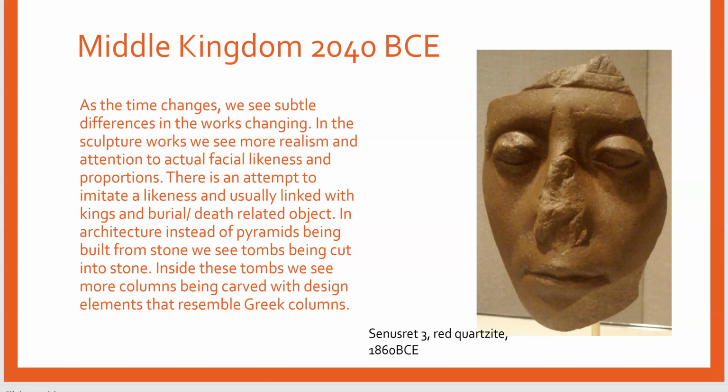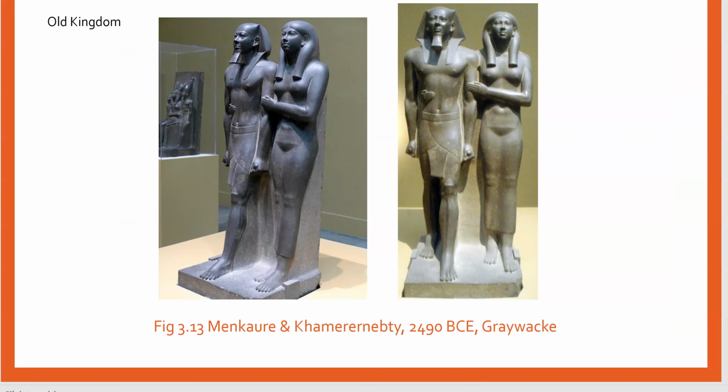Now, by the time we get to the Middle Kingdom, we actually do have sculptures that have very realistic features to them, right? So when we look at here, we can see that, all right, the brow and things need to be a little bit bigger. And the eyes themselves, though, we start to see, well, yeah, they have that lid and such.